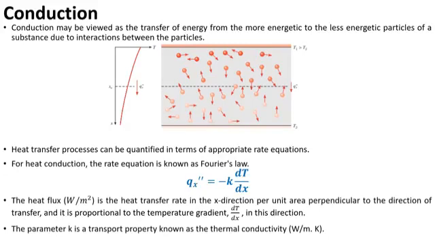Materials with higher thermal conductivity are considered to be conductors, while materials having low thermal conductivity are considered to be insulators. dT over dx is the temperature gradient in the x direction. Since heat is transferring in the x direction, we have the temperature gradient dT over dx.